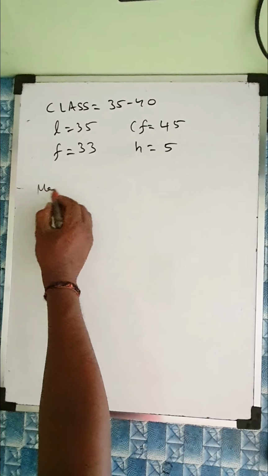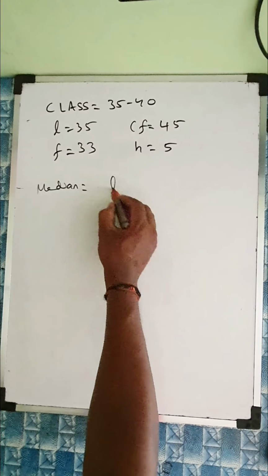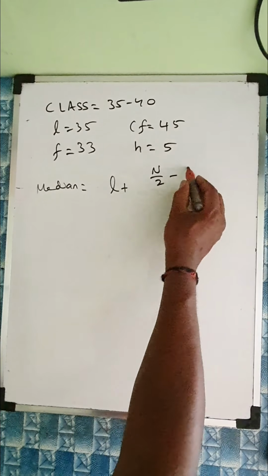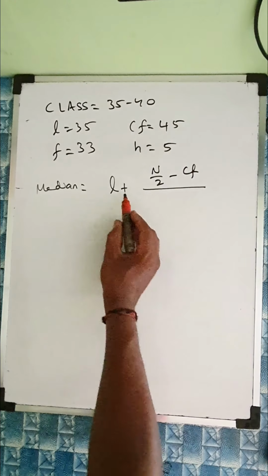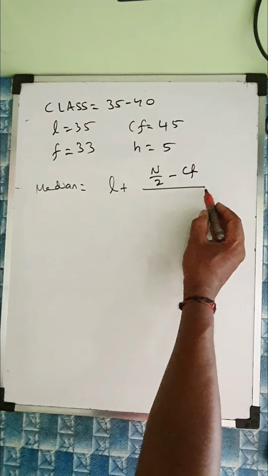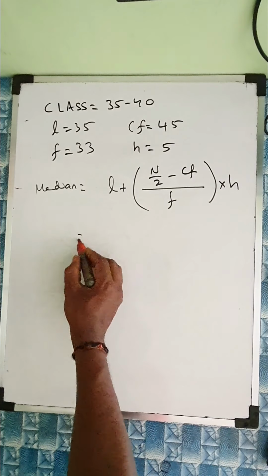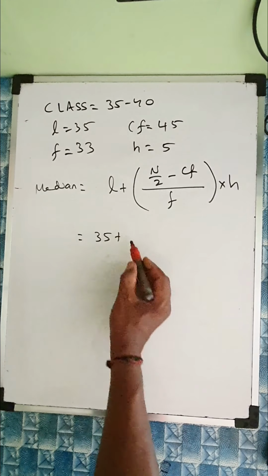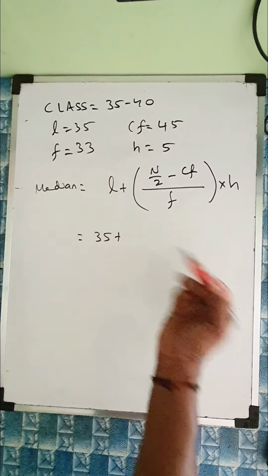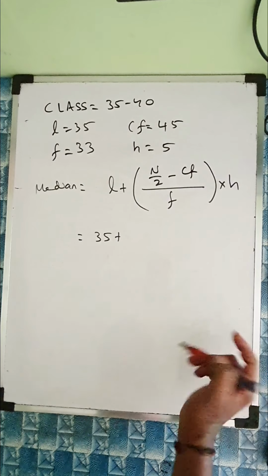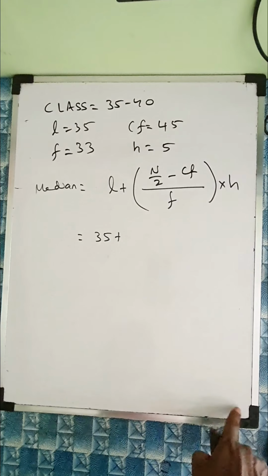So median equals L plus n by 2 minus CF. You write it like this. After the plus, put a straight line here, it will be better, into h. So L is 35, n by 2 we know, the total we got was 100, 100 by 2 is 50.